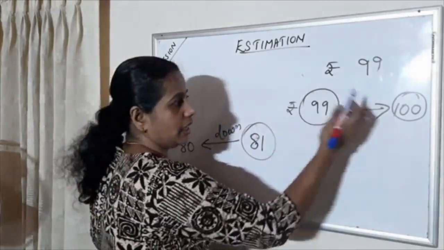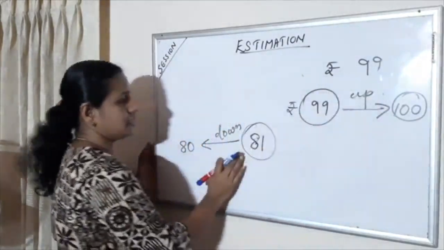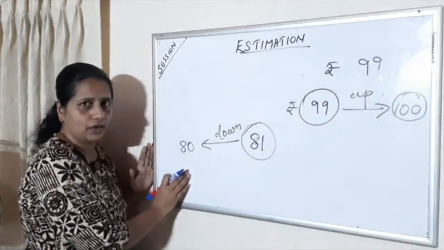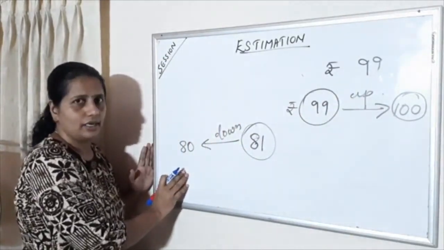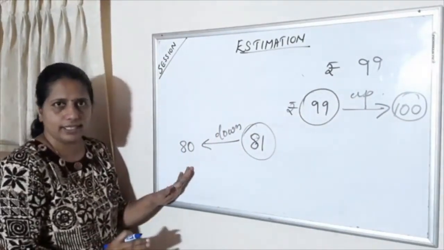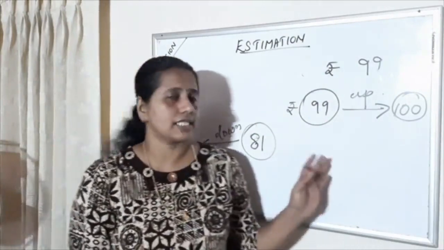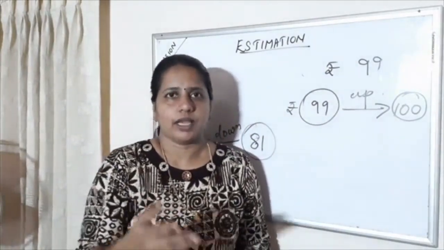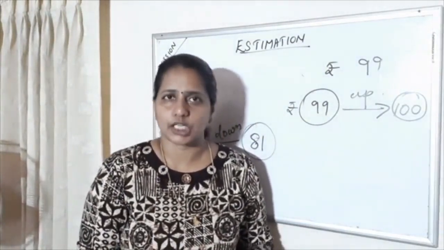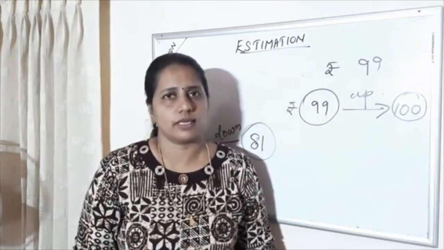Here you are rounding up the given number, and here you are rounding down to the nearest multiple of 10, that is 80. Then I will tell how to estimate a number nearest to 10, 100, 1000, etc.